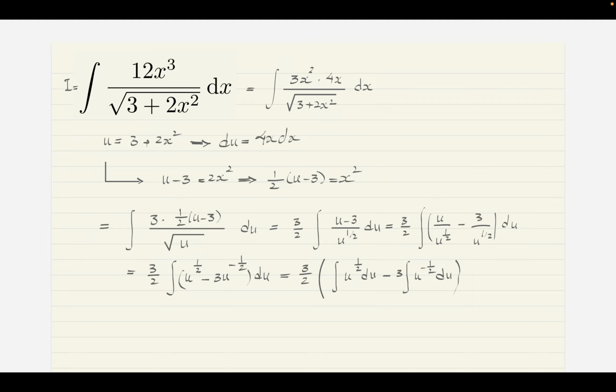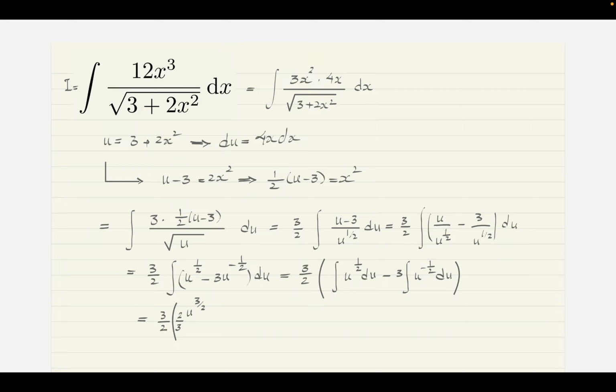And now in both of these integrals, I can do it easily. So it becomes 3/2. The first integral becomes u to power 1 more, which is 3/2, divided by 3/2. But when I divide by 3/2, it is equivalent to multiply by 2/3. Okay, so let me open this pair of brackets and do it in 2 steps.